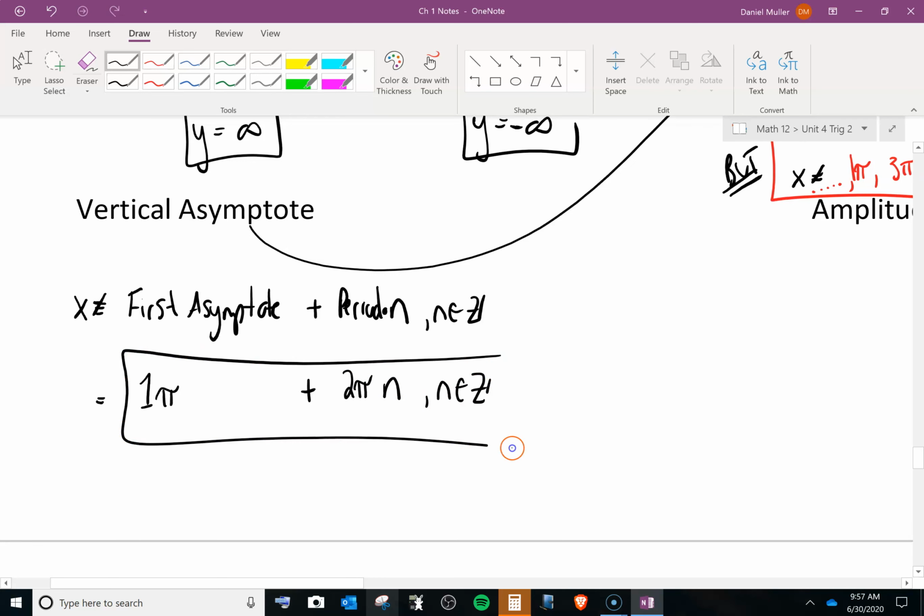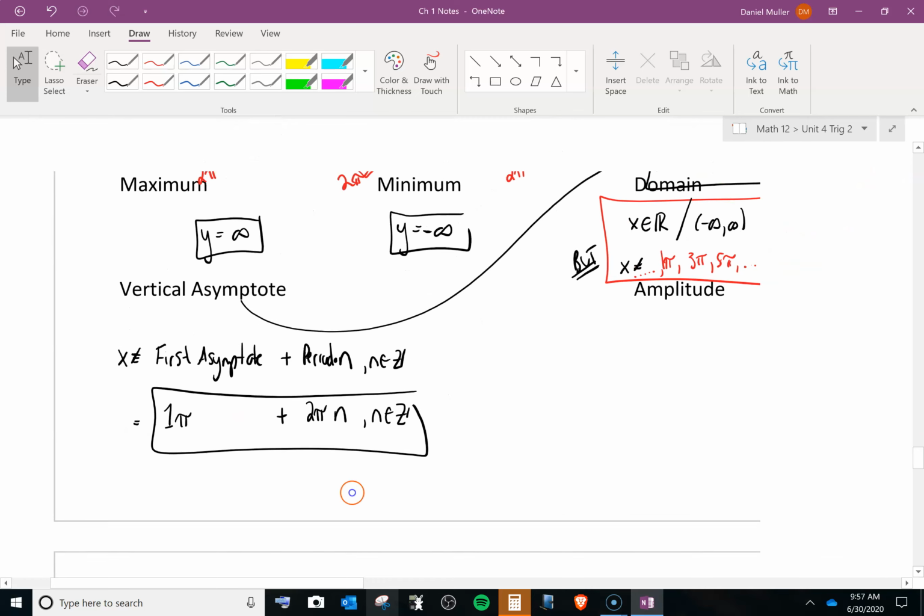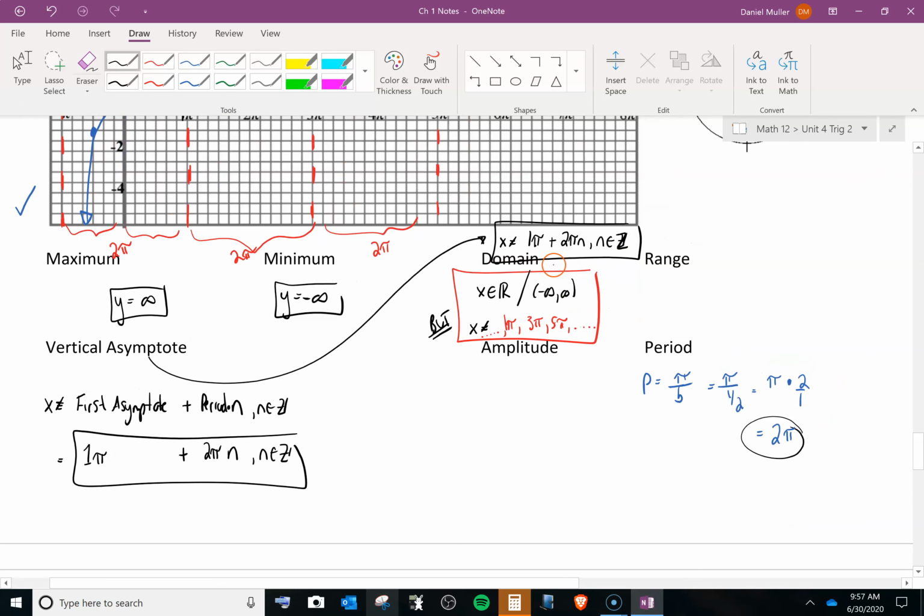That's when your asymptotes happen. As soon as you find that, you plug that into your domain: x can be any real number, except it's not allowed to be this thing. And that's where I got this, exactly what I had: 1 pi plus 2 pi n, where n is an element of the integers.